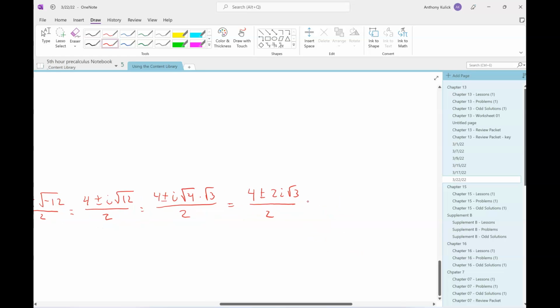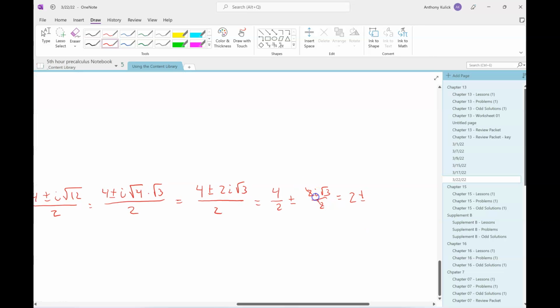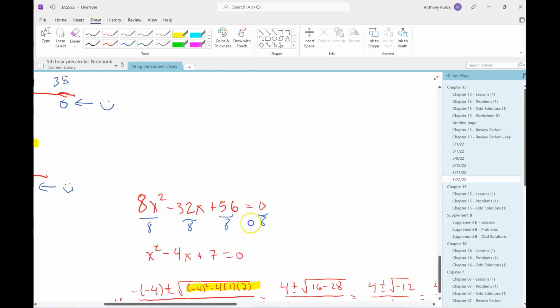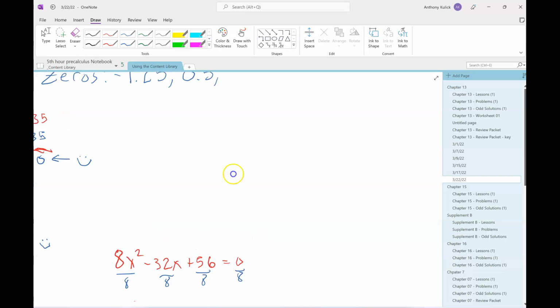And then I can just take this one fraction and write it as two separate pieces, each of which I can reduce. 4 divided by 2 is 2, and the 2's over here can cancel. So I'm left with 2 plus or minus i root 3. If I go back to my list here, I started a list here.